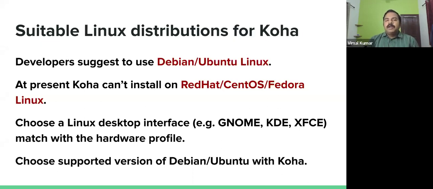It works well with Debian and Ubuntu. We cannot install it on Red Hat, CentOS and Fedora. In India, earlier Red Hat, CentOS, and Fedora were very popular, and people, especially sysadmins, ask whether it works with CentOS or Red Hat.